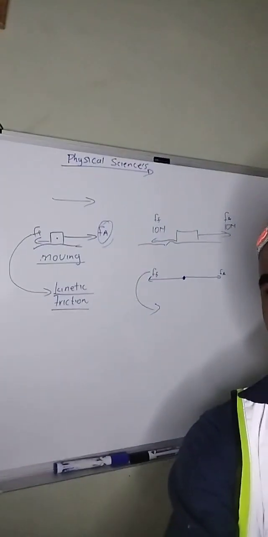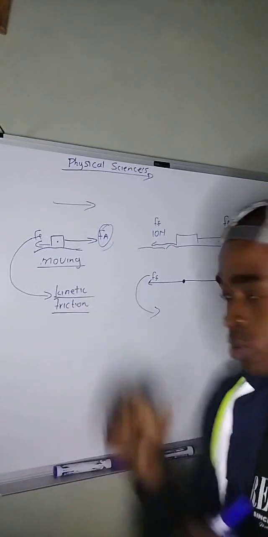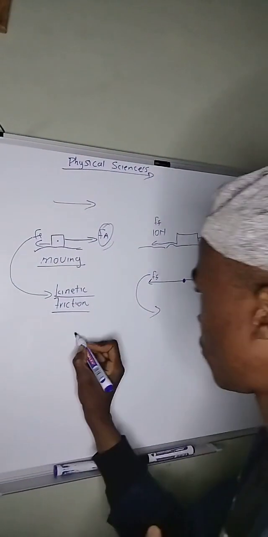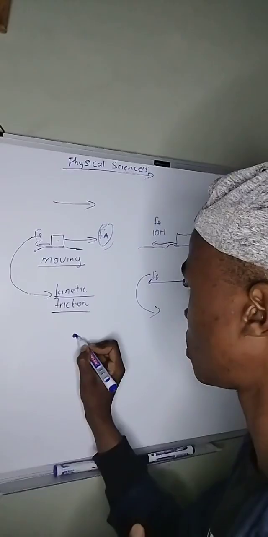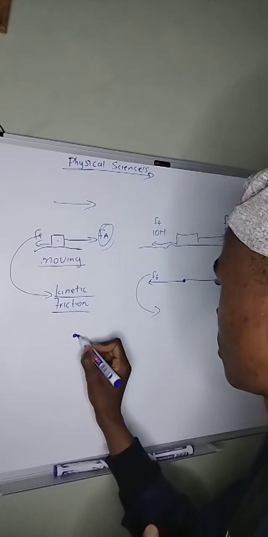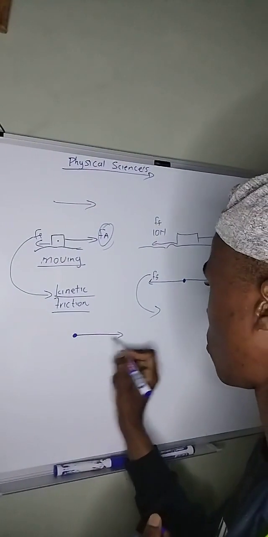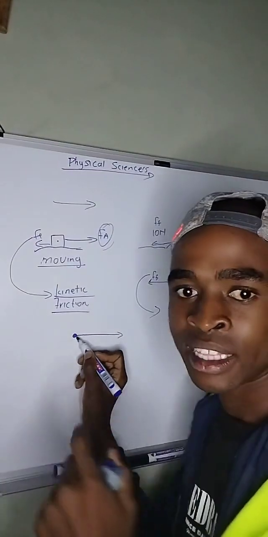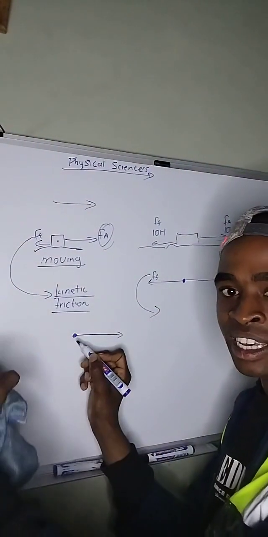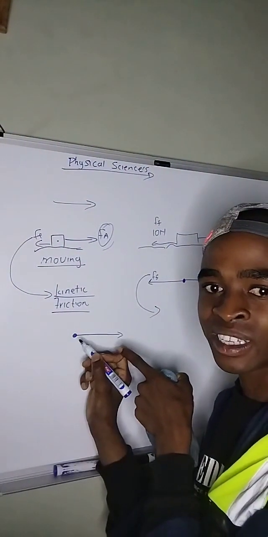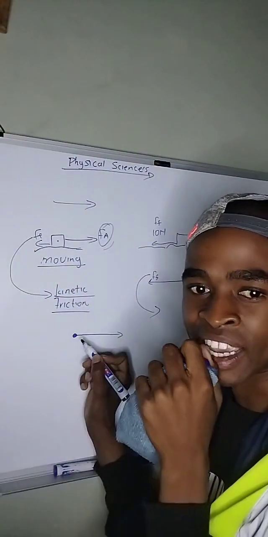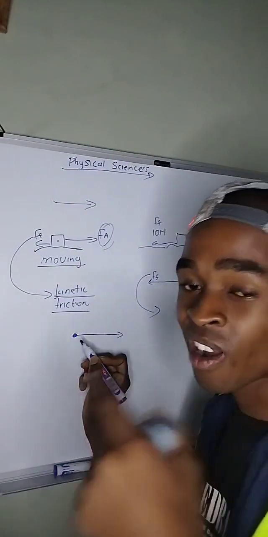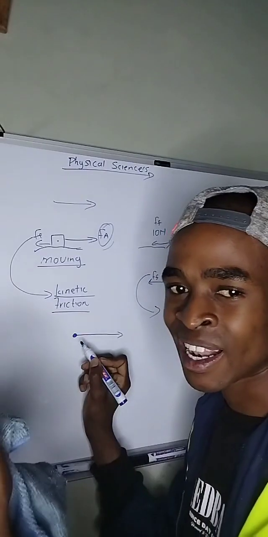So if we watch this one, how will our free body diagram look? Our free body diagram is going to be like this, and the arrow that I'm going to draw on this side has to be longer than this one, or shorter, or equal. Can I get the answer? Longer, shorter, or equal?